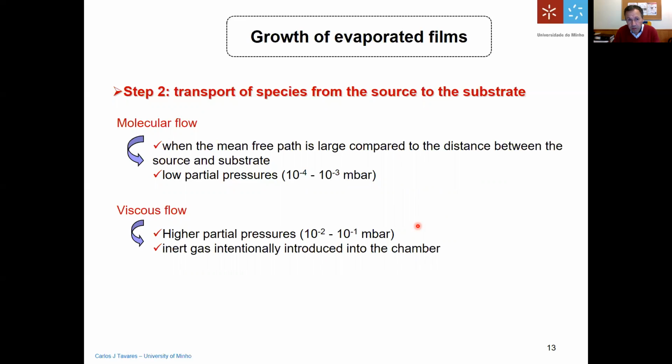And the molecular flow that you will have for this range of pressures provides a very large mean free path for the particles, which means that the evaporated atoms and molecules can travel a long distance between the source and substrate without any collisions, so without losing their energy, okay?